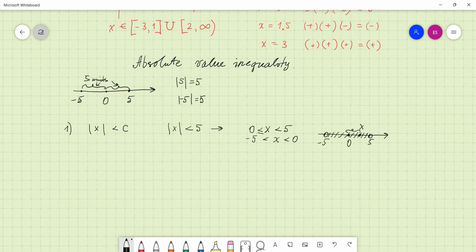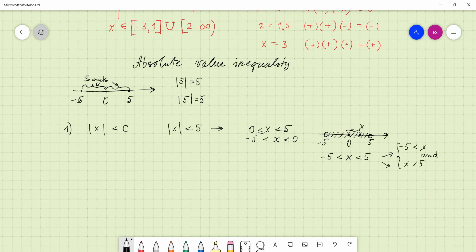We are going to unify this into a double inequality. We're going to write x less than 5 and greater than -5. It's going to make our solution a little bit easier. But if you don't like it, you can always represent it as two inequalities: -5 less than x and x less than 5.